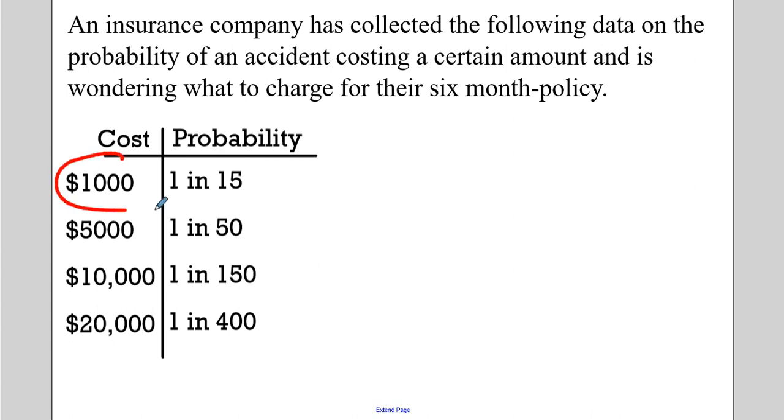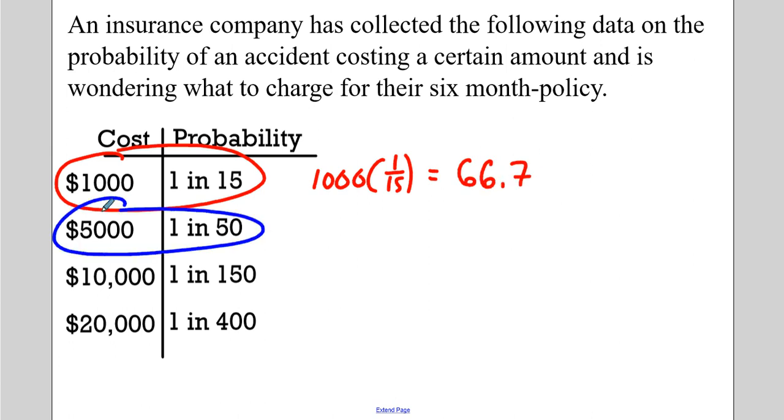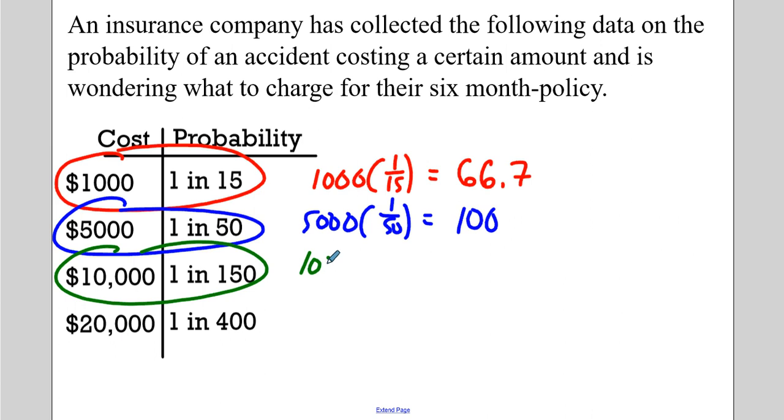So I do the value times the probability. So this would be 1,000 times 1 in 15. 1,000 times 1 in 15 is 66.7. 5,000 times 1 in 50: when I multiply that, I get 100. 10,000 times a 1 in 150 chance.